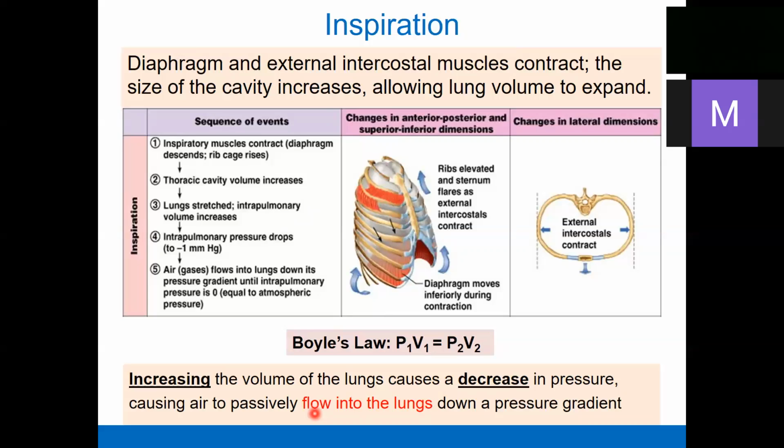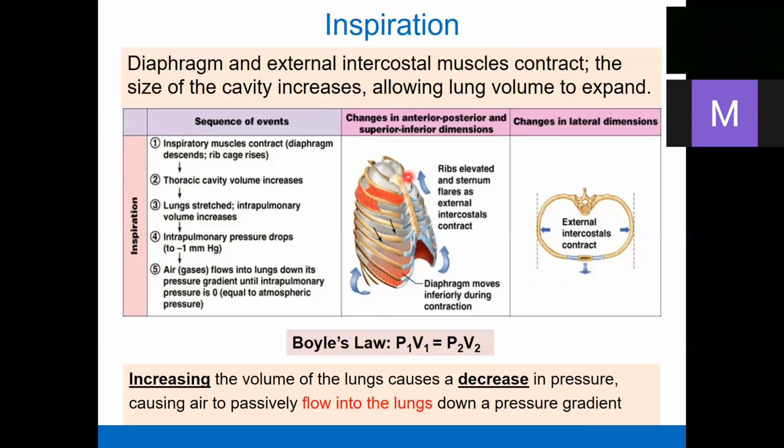Okay, keep in mind that the contraction of the intercostal muscles causes rising of the ribs, which results in expanding of our thoracic cavity and decreases the intrapulmonary pressure, and therefore air from outside flows inside our lungs.